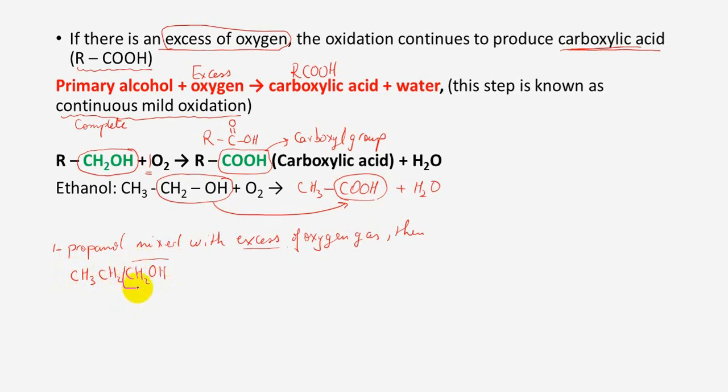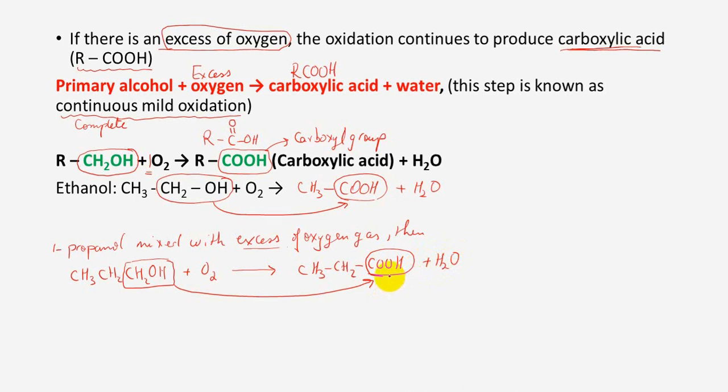This part is the primary alcohol, plus oxygen gas, and it will change into a product where the carbon chain remains the same. We don't change the carbon chain. So CH3CH2, we only change the functional group of the alcohol into COOH, plus the other product of this reaction is water. This is a complete mild oxidation of a primary alcohol.